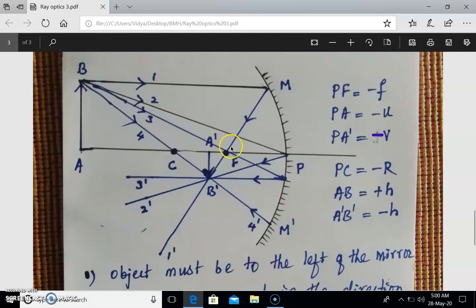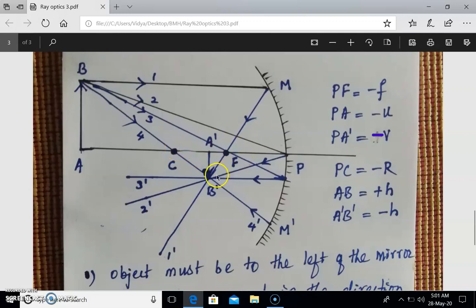The third ray passing through the focus, incident on the concave mirror, after reflection runs parallel to the principal axis. The fourth ray passing through the center of curvature, incident on the concave mirror, after reflection retraces its original path but in the opposite direction.